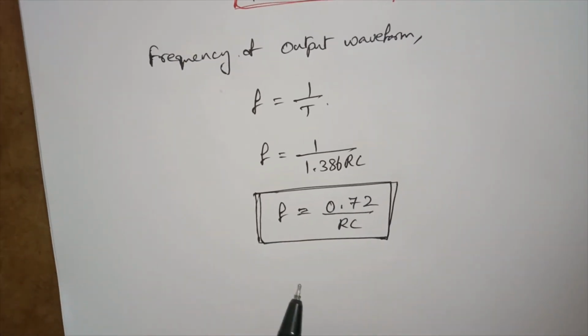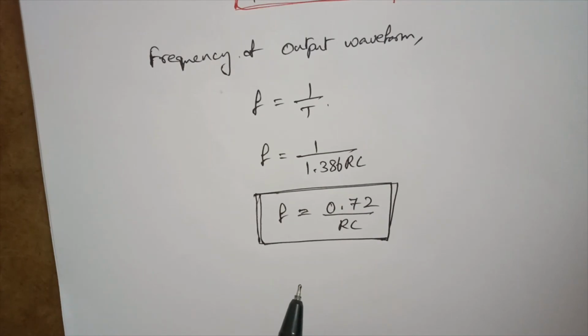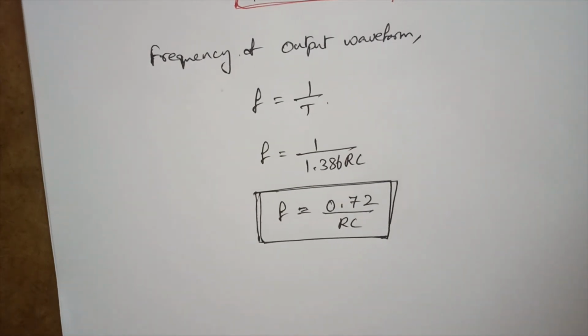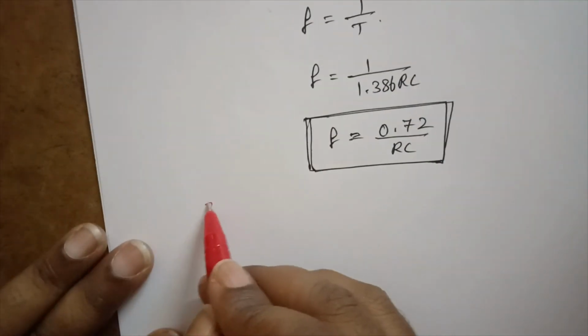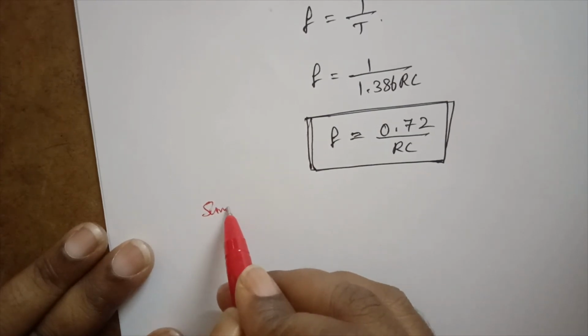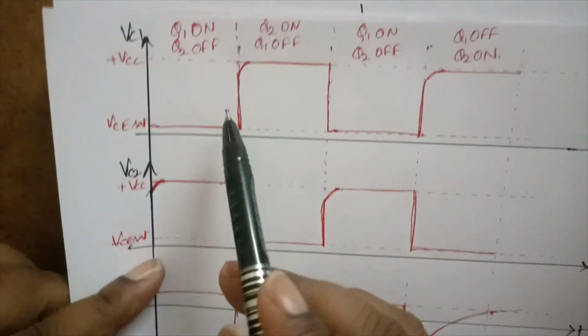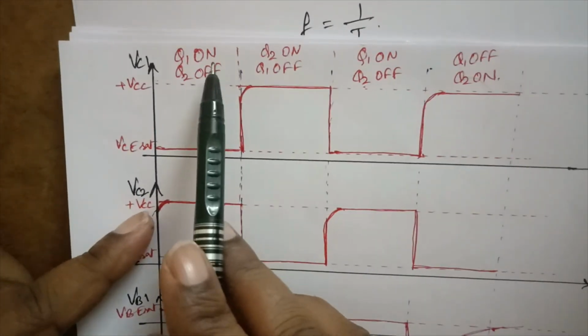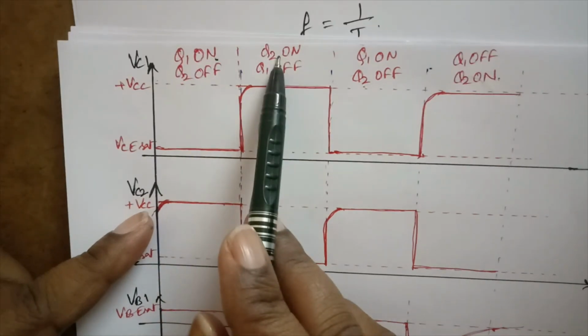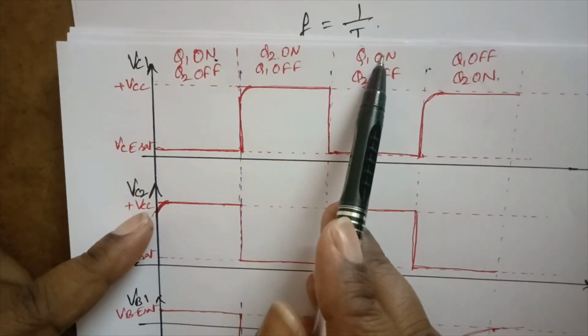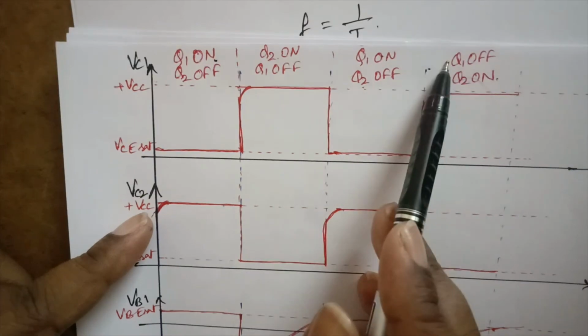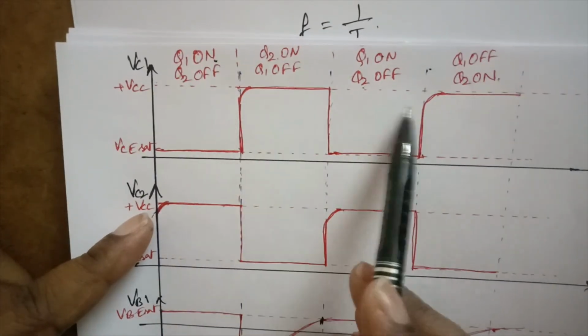Okay, that's it. Now coming to the summary. What are the points to be remembered? See these waveforms here. Initially Q1 is on and it moves to off, and again it moves to on, and again it moves to off, without applying any external signal.